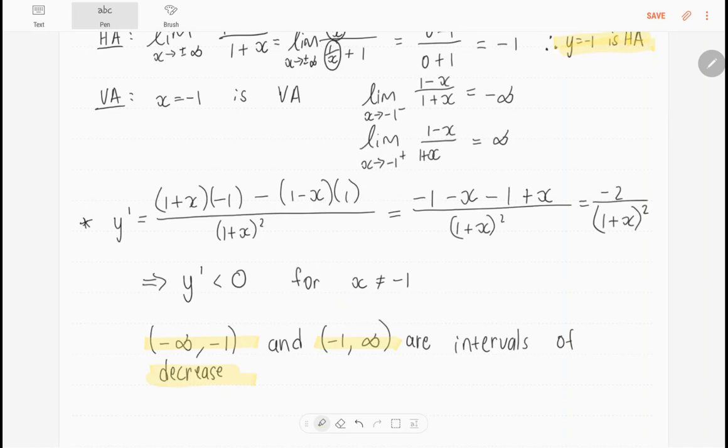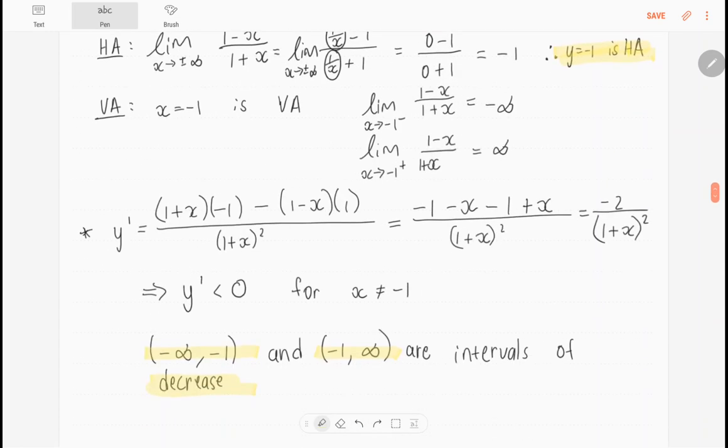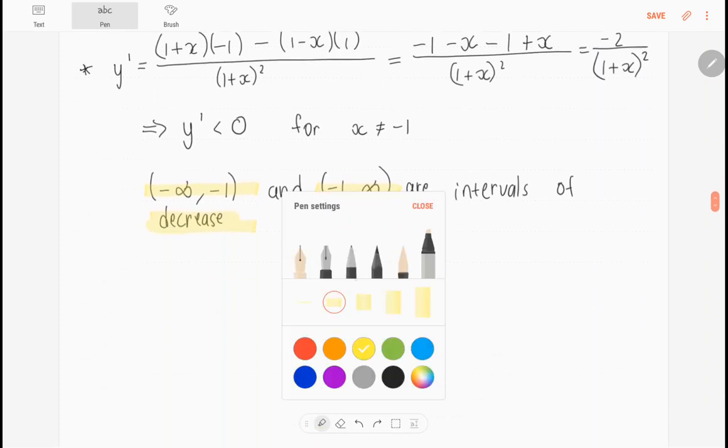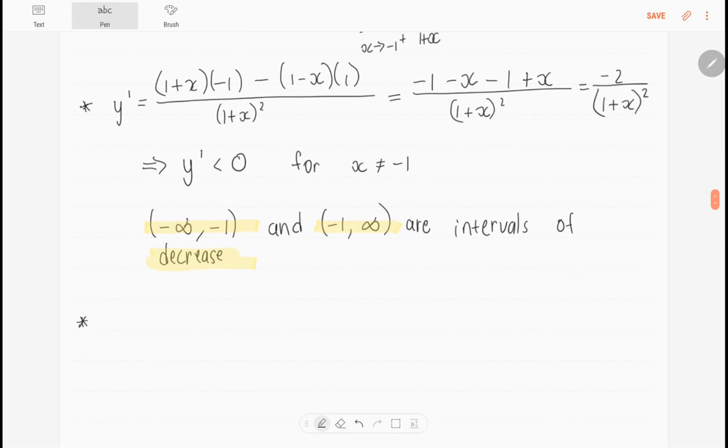The final thing we want to look at is our second derivative to determine the concavity of the curve. As they tell us, we have to determine the concavity as well. So let's look at our second derivative now. Our second derivative will be the derivative of the first derivative. So I'm going to take the derivative of that.